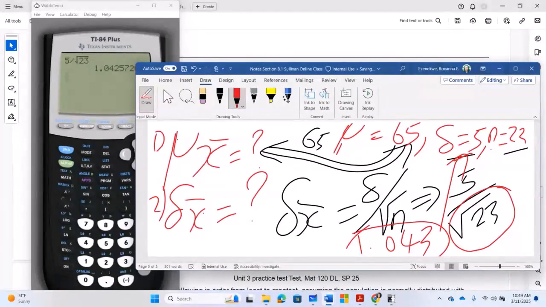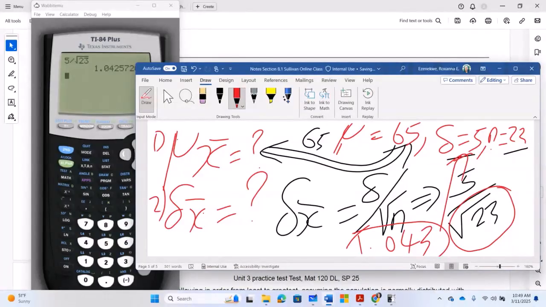That is why the standard error is always smaller than the standard deviation of the original data.